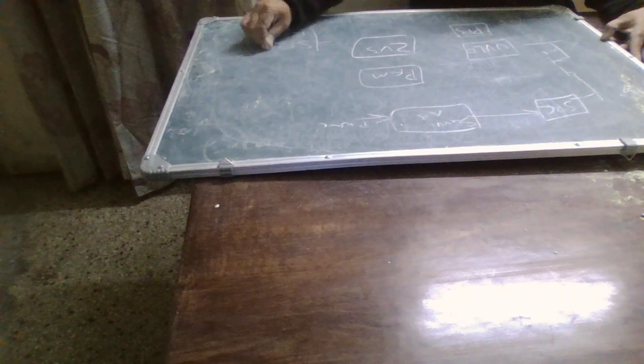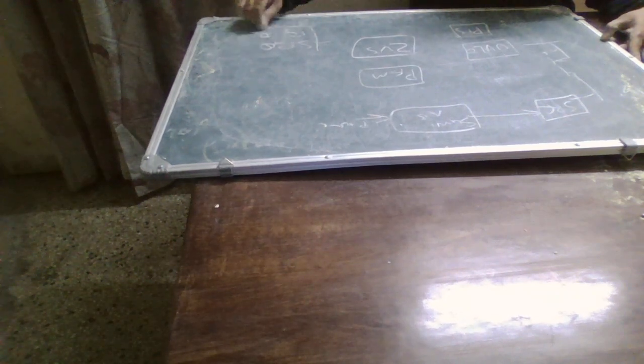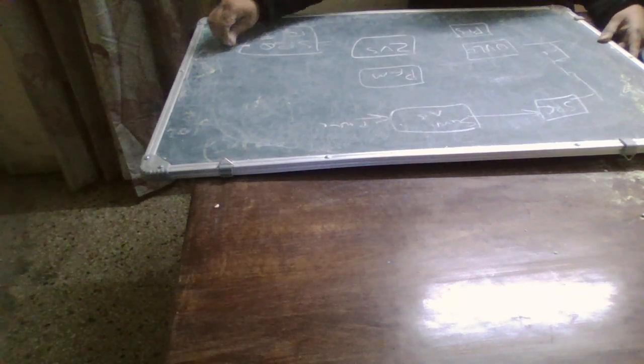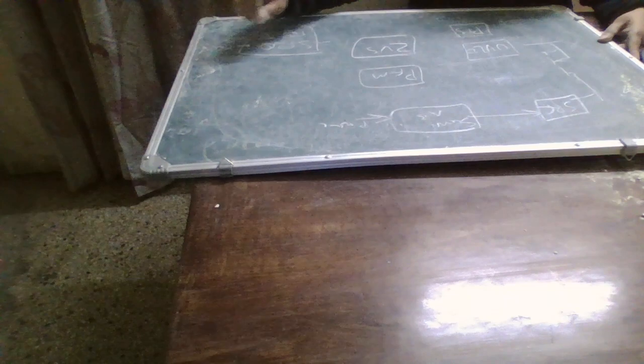We have an SR flip flop here. Let me draw the SR flip flop properly: S, R, Q and Q bar. This is an SR flip flop. This Q we are going to take to the PWM low.